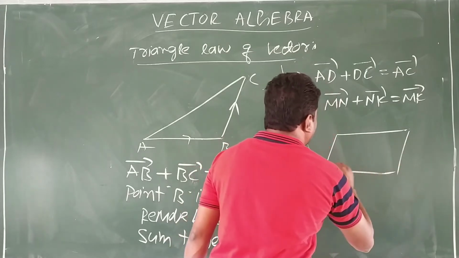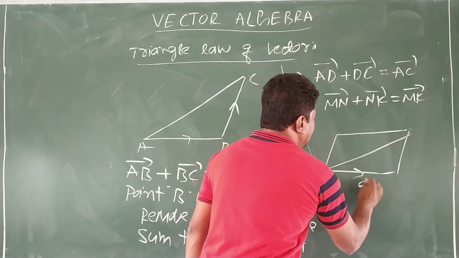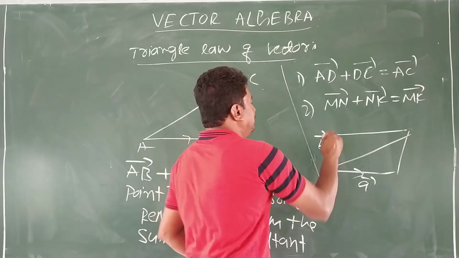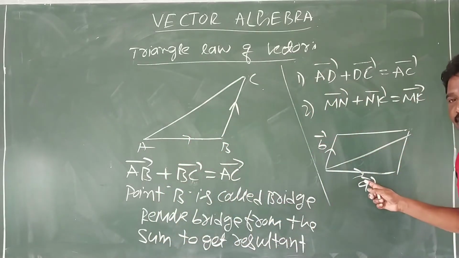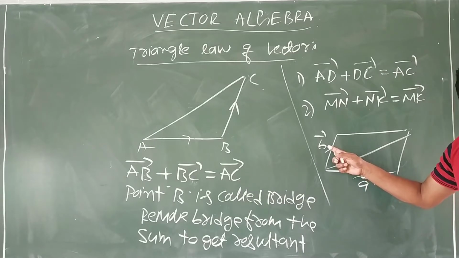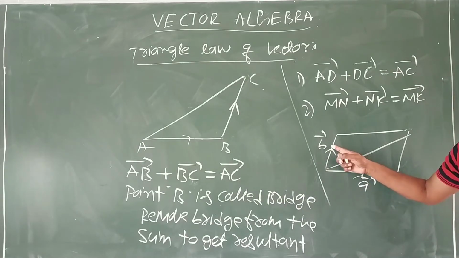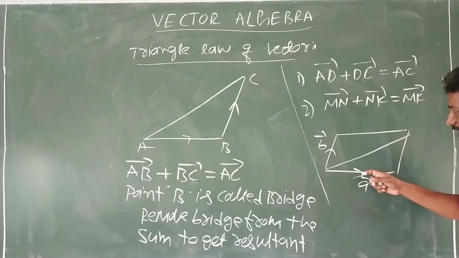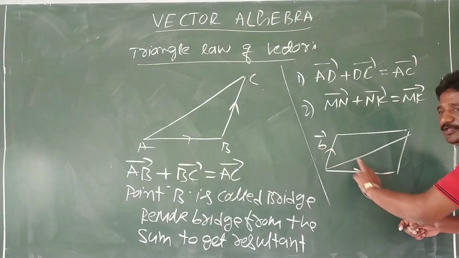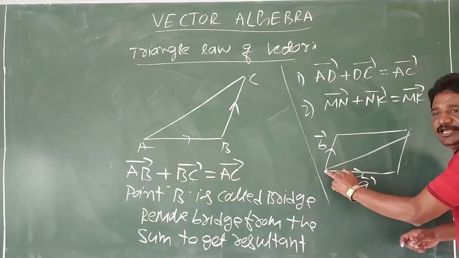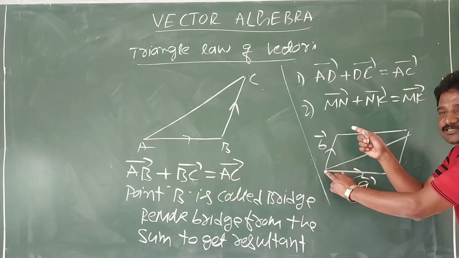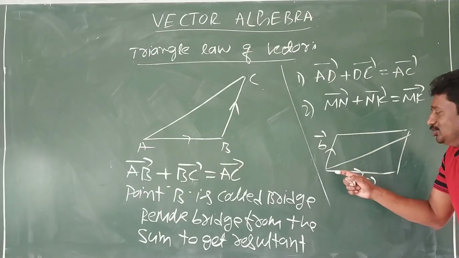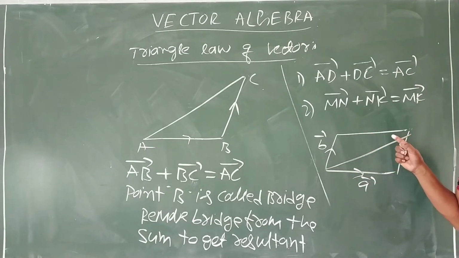Look at the students. Now the parallelogram law. This is vector A. I take this as vector B. Then the resultant of these two must be along the principal diagonal. If two forces act at a point along the adjacent sides of a parallelogram, then the resultant force is along the principal diagonal.